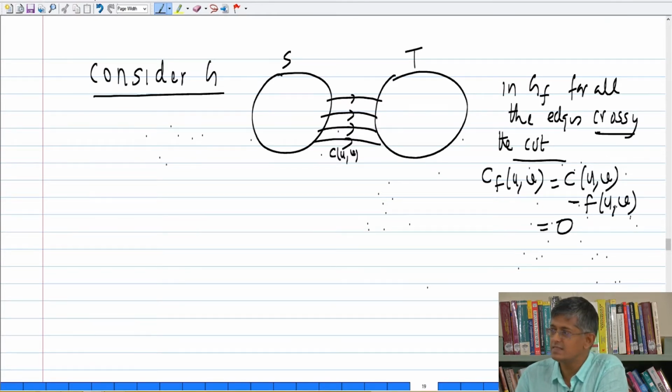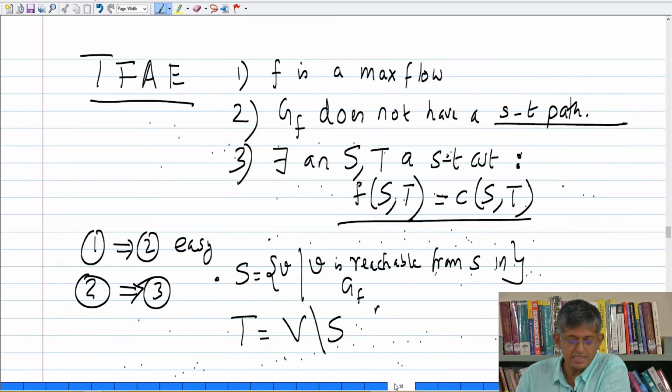Are you getting me? Can you see this? So, very interesting, tricky step. GF does not have an augmenting path.